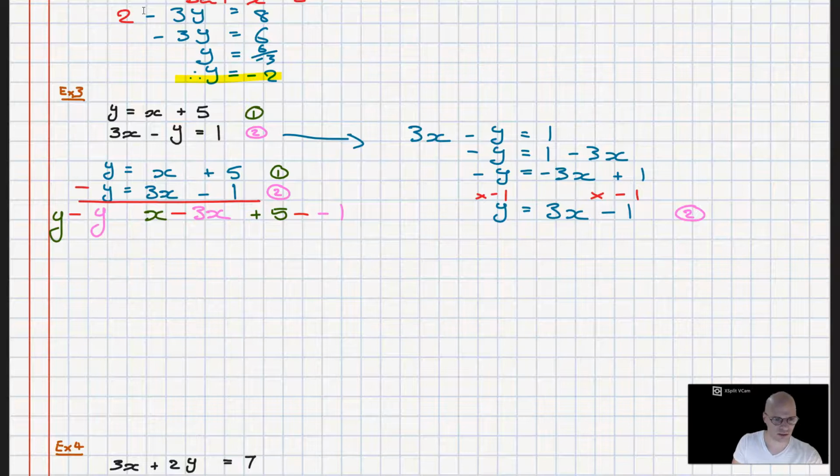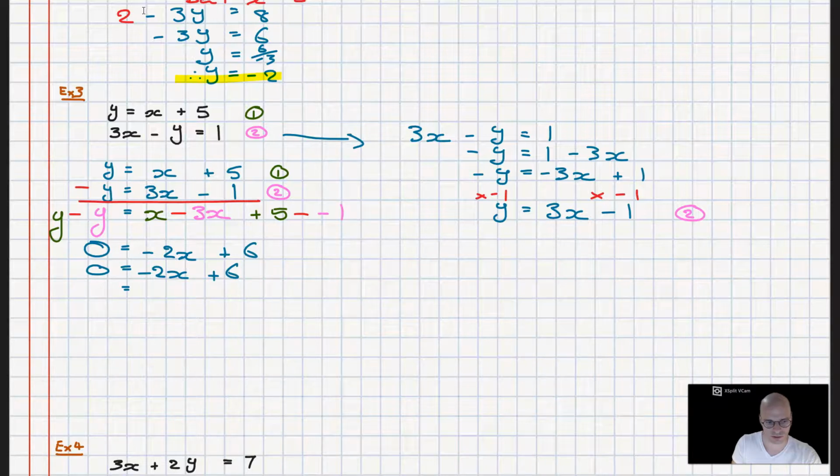Simplifying this, y take y is nothing, x take 3x is minus 2x, and 5 take negative 1 is positive 6. So we've got 0 equals negative 2x plus 6. Rearranging so variable terms go on the left, that's positive 2x equals 6. Dividing both sides by 2, x is equal to 3.